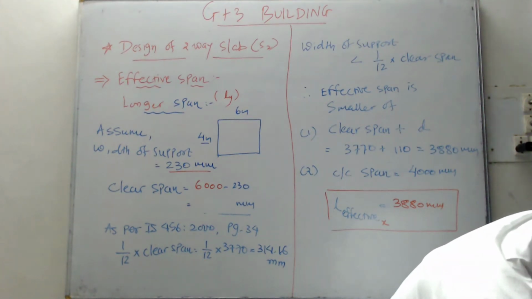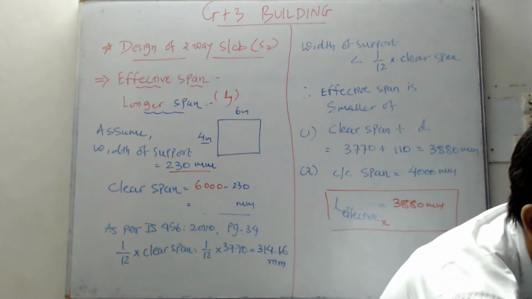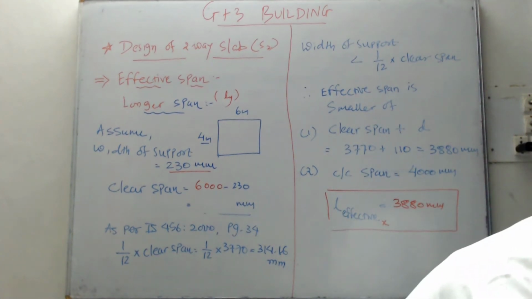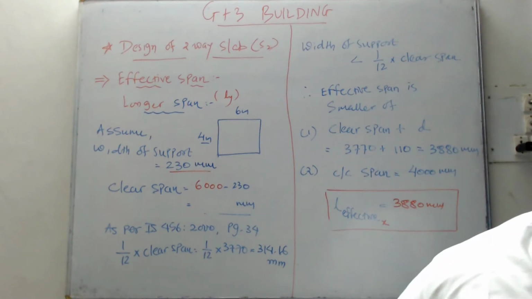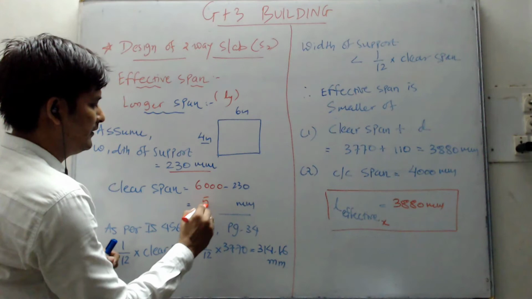If you calculate this, then move forward with the calculation, right? So 6000 minus 230, I am getting it as 5770. So this value becomes 5770 mm.